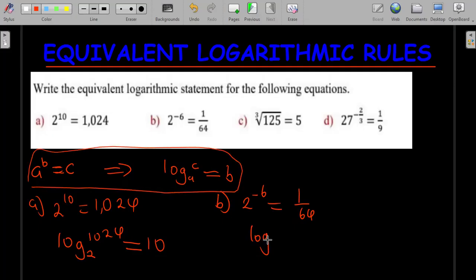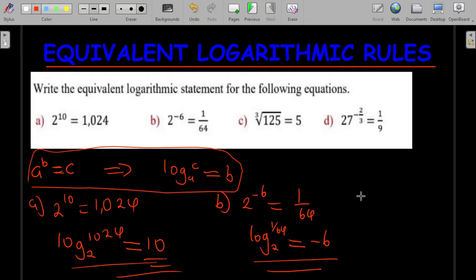You know our base is 2, so 2 is going to come down there. Then we are equating it to 1 over 64, so we are going to have 1 over 64 on top. And then this will be equal to our power, which is negative 6. So these are the logarithmic expressions we are getting.